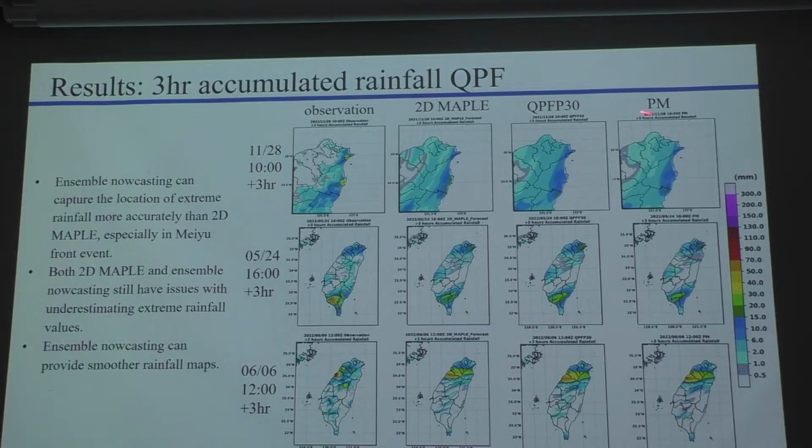Once we apply the nowcasting, where we generate around 100 members of a nowcasting system and then use the probability product to represent the precipitation, you will see that the maxima is much better compared to 2D MAPLE. Still, it slightly underestimates the reality. But on the other hand, the precipitation structures look much closer to the observations.